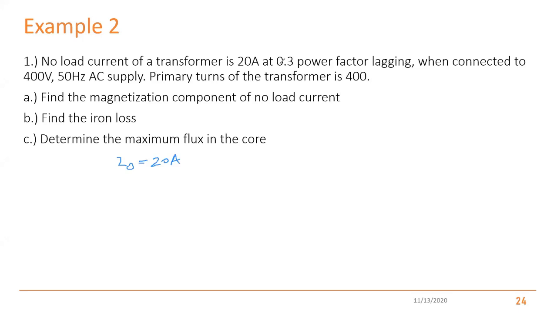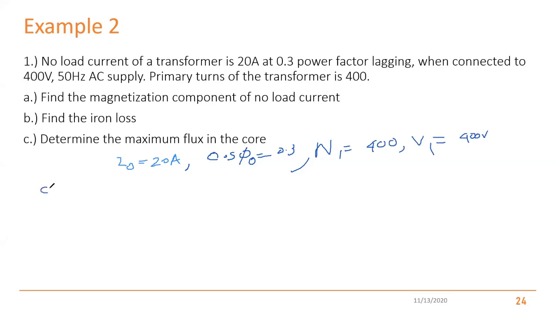Cos phi naught is 0.3, and V1 is 400 volts, with frequency 50 Hz.